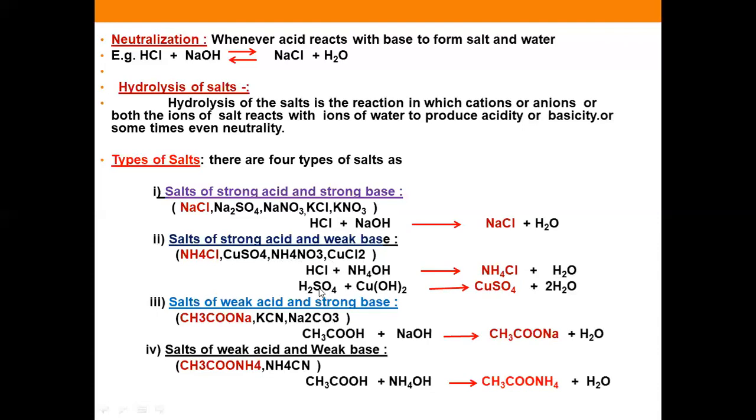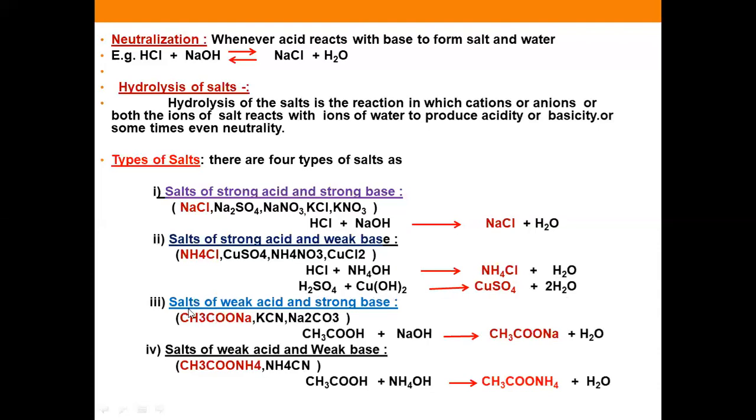Similarly, another example: strong acid H2SO4, sulfuric acid, reacts with copper hydroxide, the weak base, and gives copper sulfate plus 2 H2O. Therefore, this copper sulfate is a salt of strong acid H2SO4 and weak base copper hydroxide.